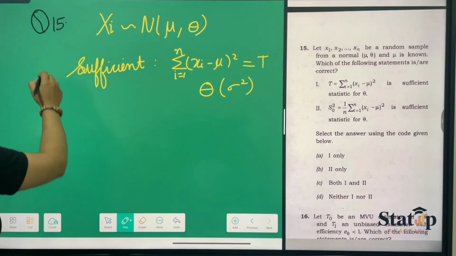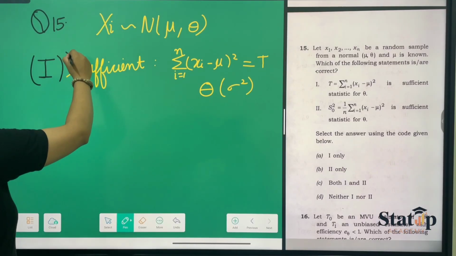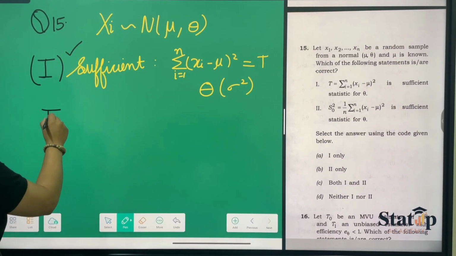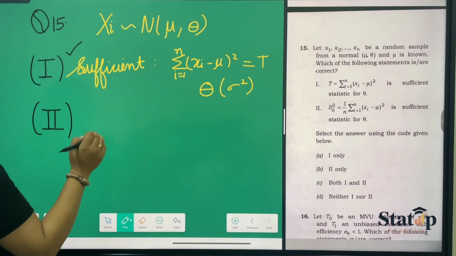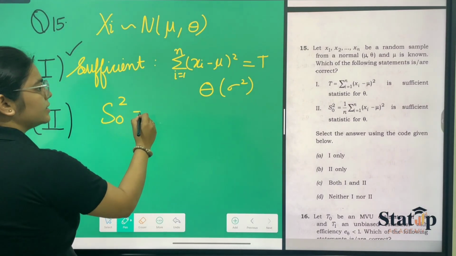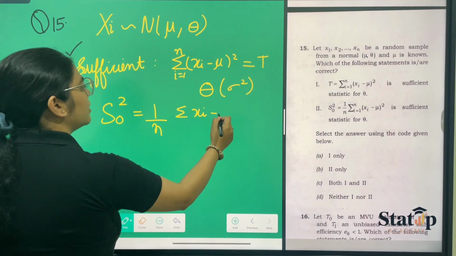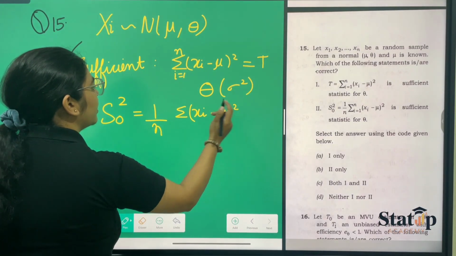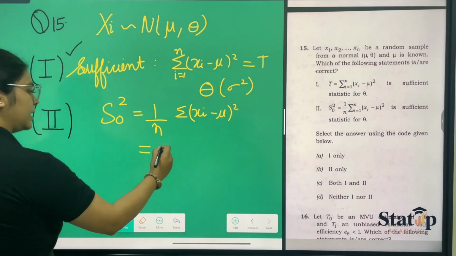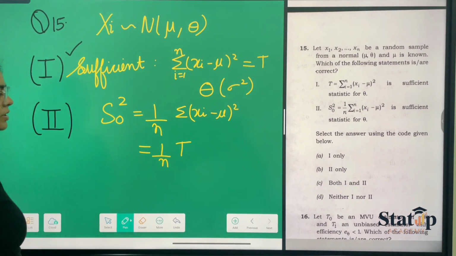This means that the first statement is correct. Then the next statement states that S naught square is equal to 1 upon n summation of (xi minus mu) whole square. Now if you see this clearly, this is nothing but 1 upon n into t. T was our sufficient statistic.